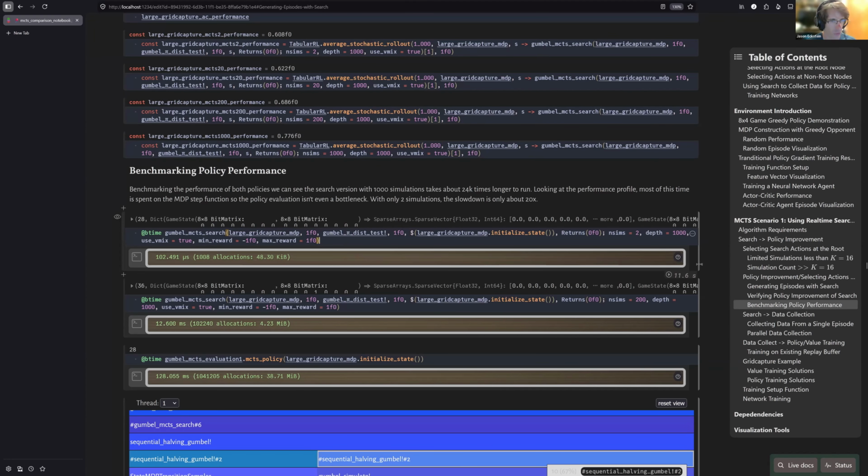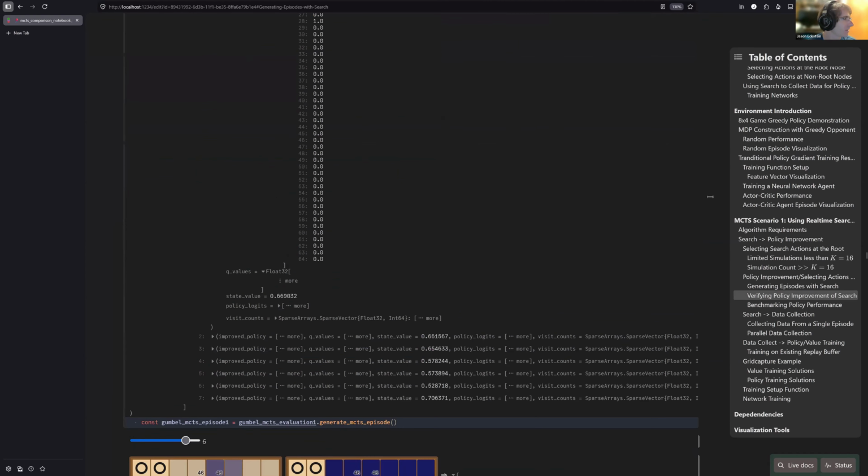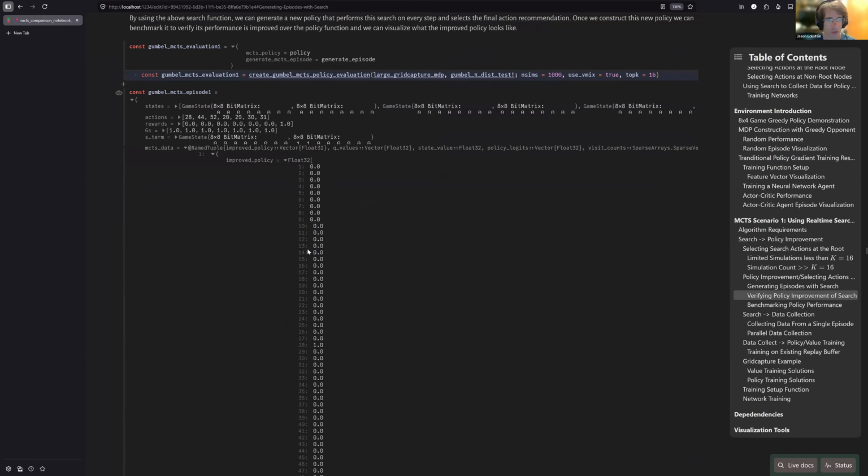However, we can also think of this process of data generation, instead of using it in real time, as something we do ahead of time as a way to generate data, and then use that data as a training set to actually train an improved policy, rather than just improving it in real time. So we can do both.